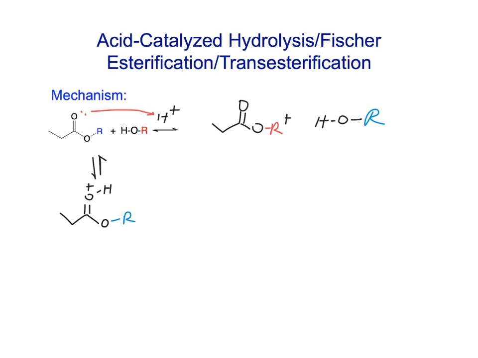It increases the amount of the other resonance form where we push the electrons on the oxygen, and we have a plus on the carbon. This is activated now, and it can react with the alcohol.